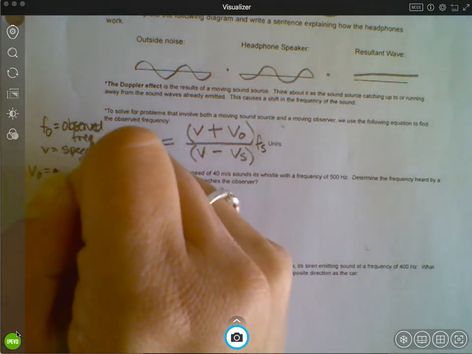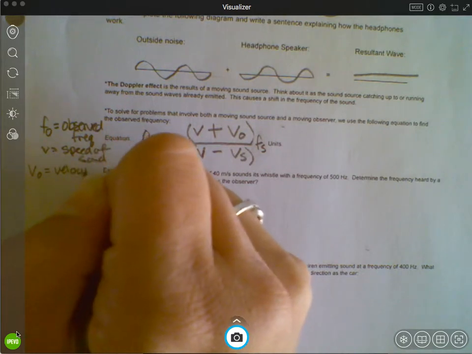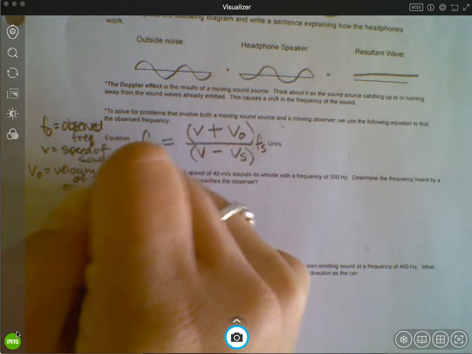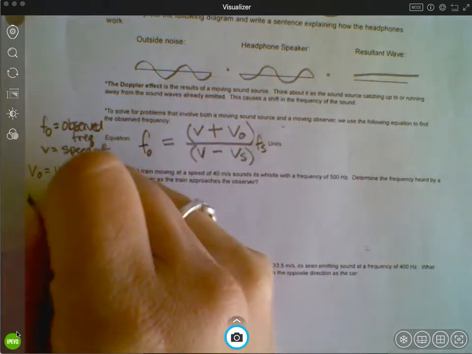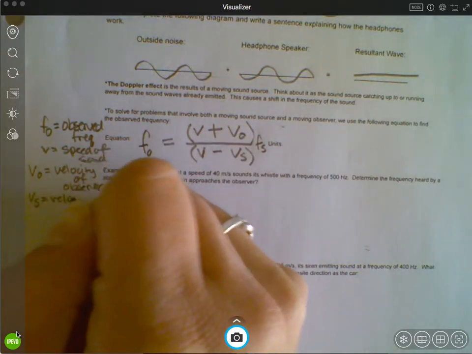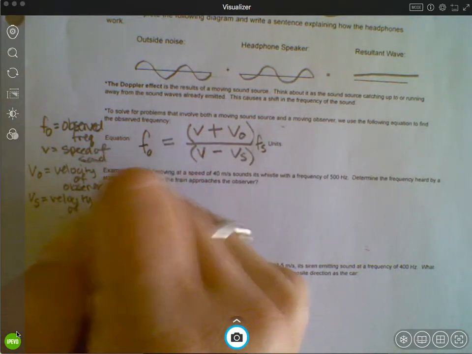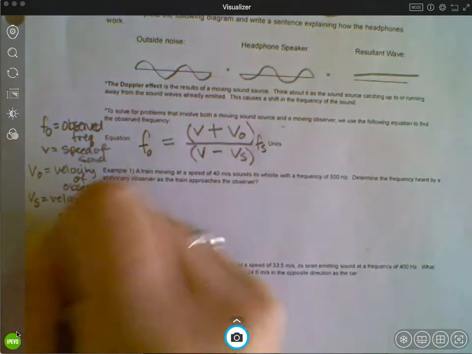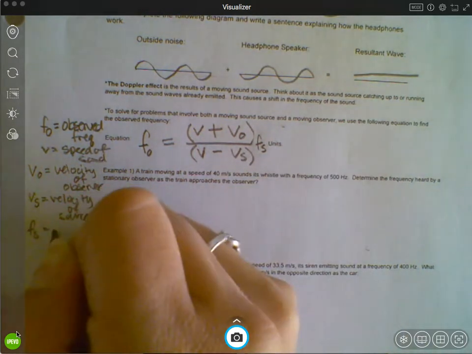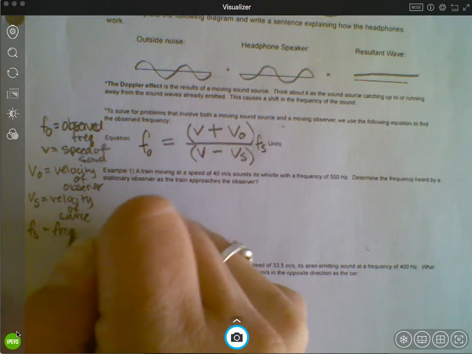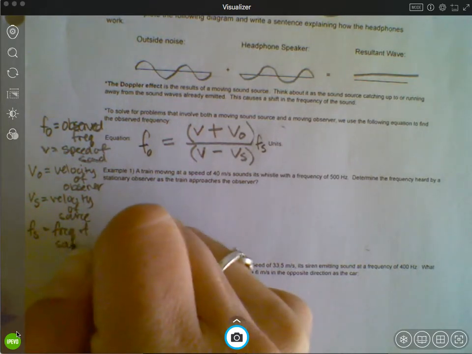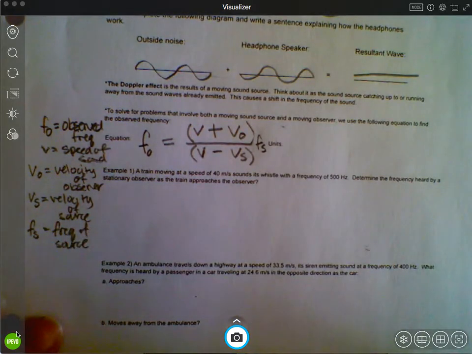Vo is velocity of observer. Vs is velocity of source, and then Fs is the frequency of the source. So like the actual frequency of the sound, okay?